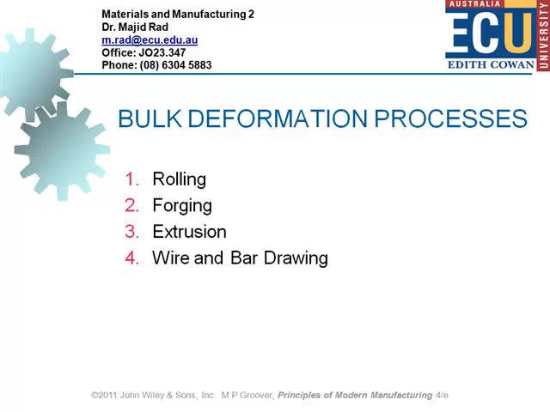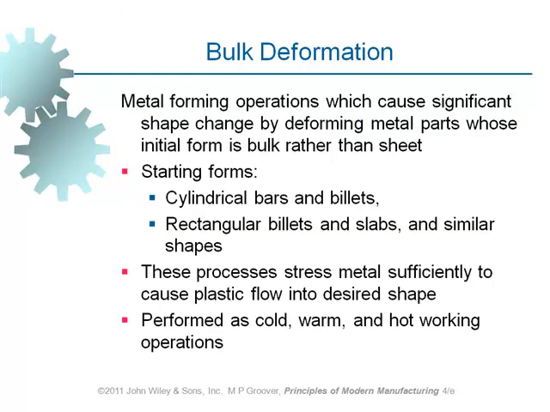By the way, the type of the properties that we can achieve when we utilize these processes is often superior to the properties that we can achieve from machine parts. How does this happen? Let's investigate these processes, then we will find out more.